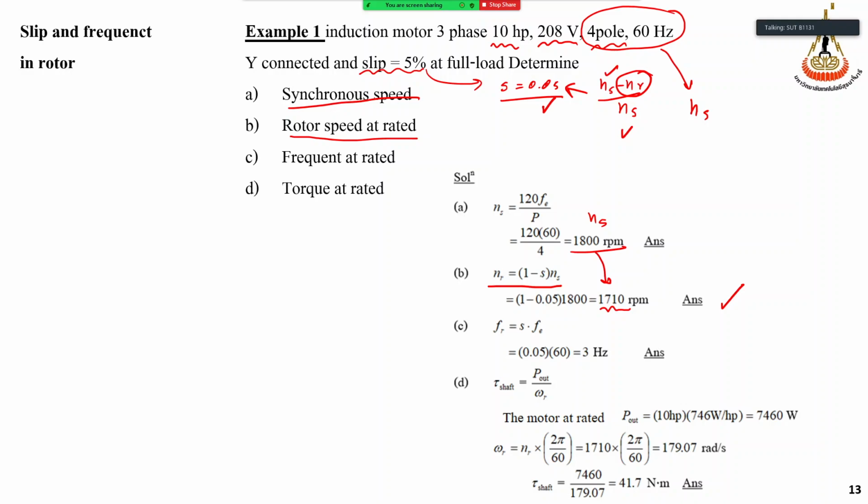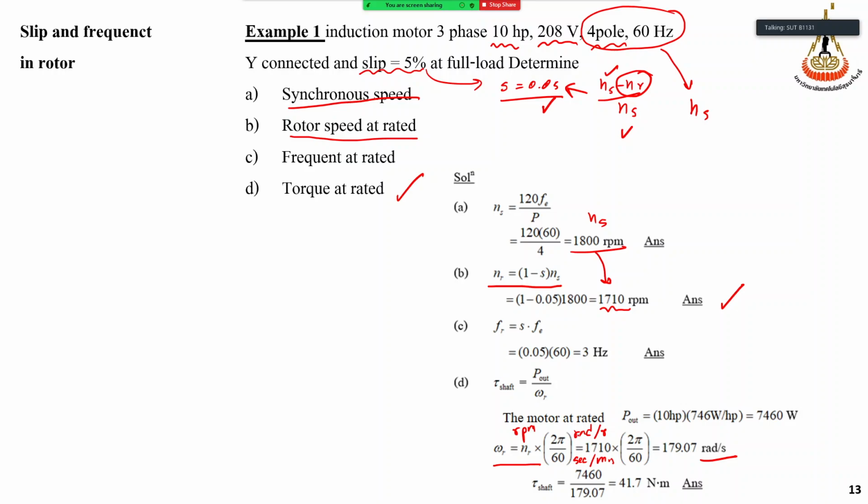And then the torque at the rated condition. The rated torque, the shaft torque, is P output divided by omega R. Omega is the output speed, which we can compute from rpm to radians per second by multiplying by 2 pi and dividing by 60, since it's 2 pi radians per round and 60 seconds per minute.